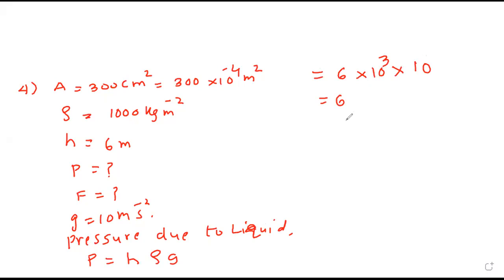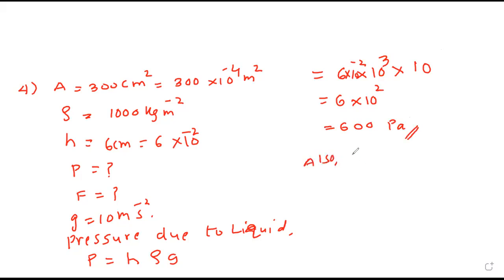Height is 6 centimeter, so 6 into 10 raised to minus 2 meter. This will become 6 into 10 raised to 3 and 1, 4 minus 2 is 2, equal to 600 Pascal.